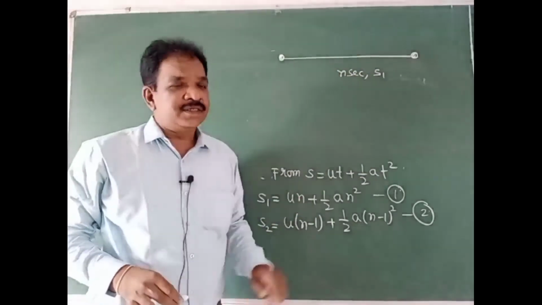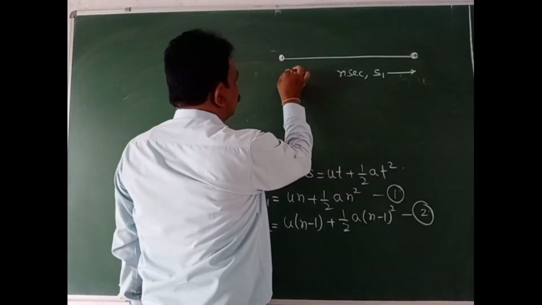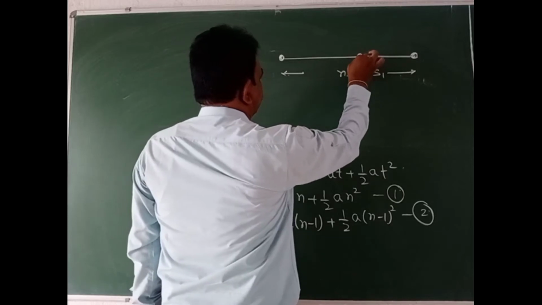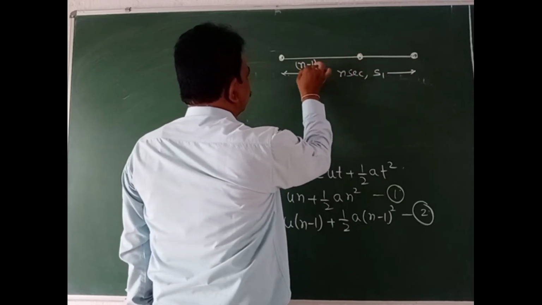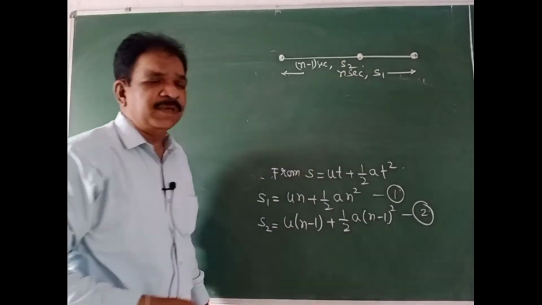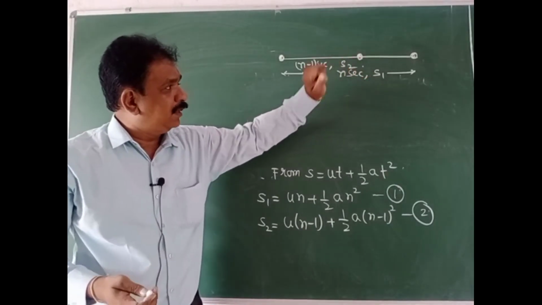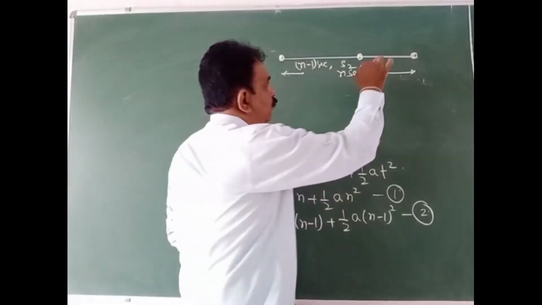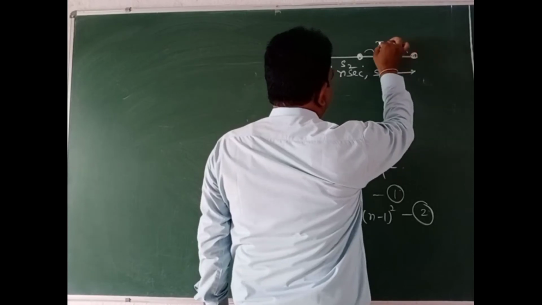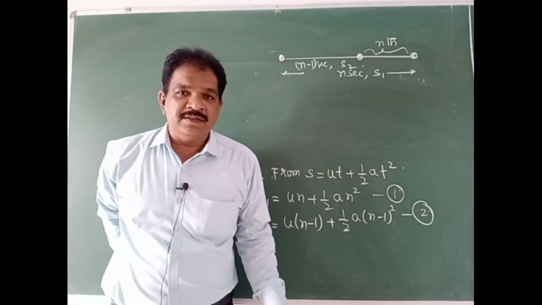In total n seconds, it came from here to here. In n-1 seconds, it covered a displacement S2. If we do S1 minus S2, this will come, this is the displacement in the nth second.